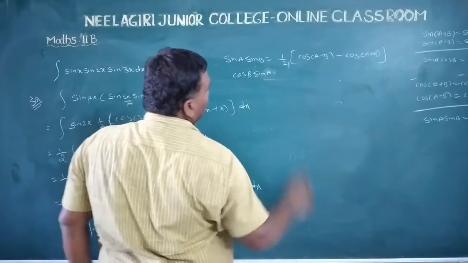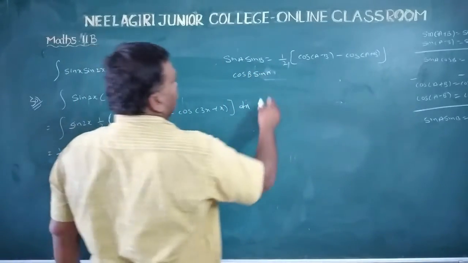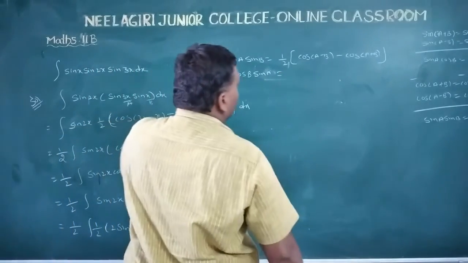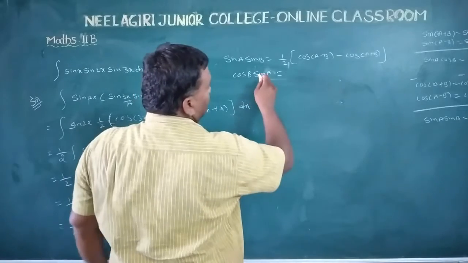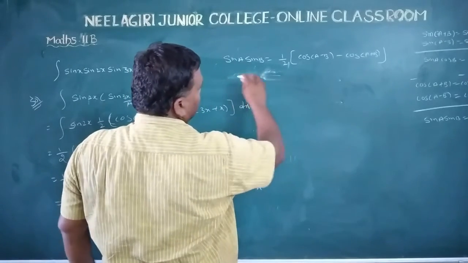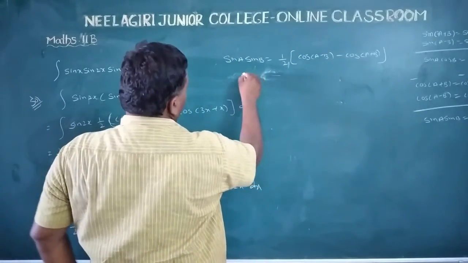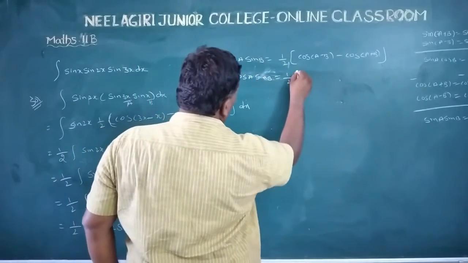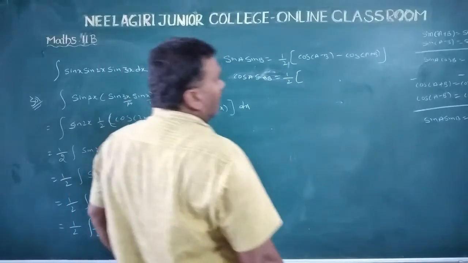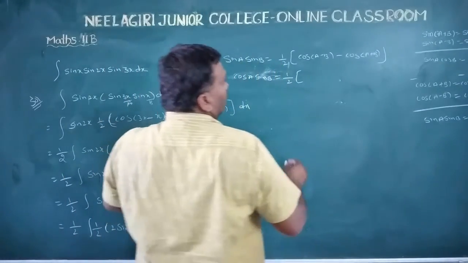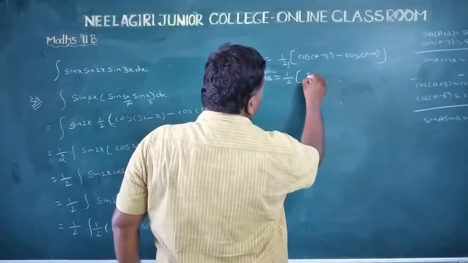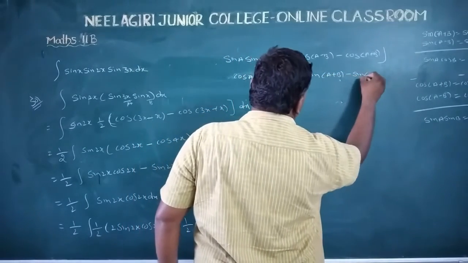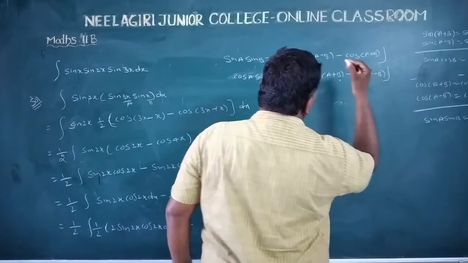sin a, what is the formula? Cos b sin a, integration of cos a sin b is equal to 1 by 2 into sin of a plus b minus sin of a minus b.